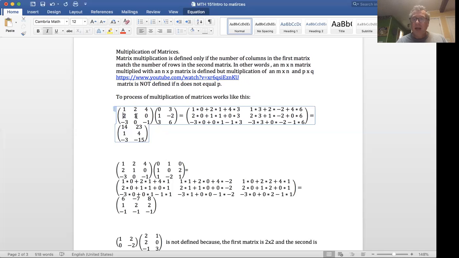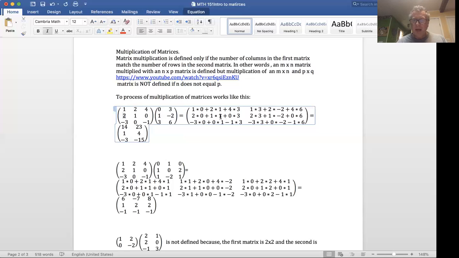I take the second element in the second row and multiply it with the second element in the first column, 1 times 1. And then I take the third element in the second row and multiply it with the third element in the first column, 0 times 3. I add that together. We end up with 1.